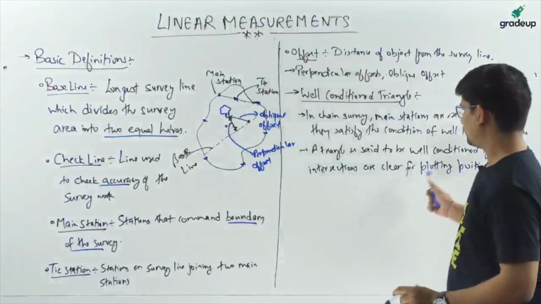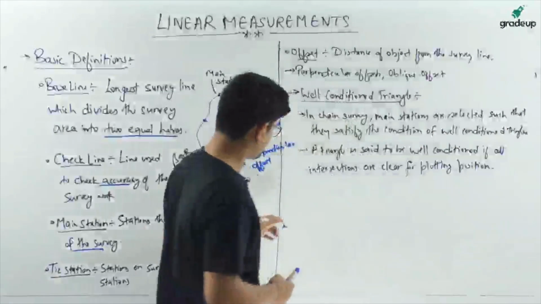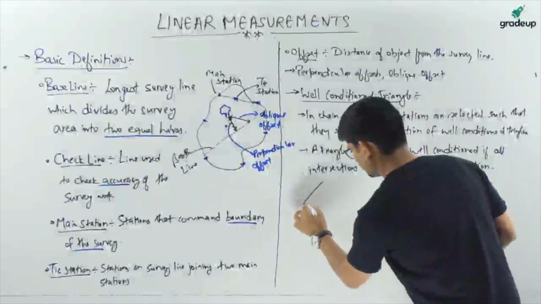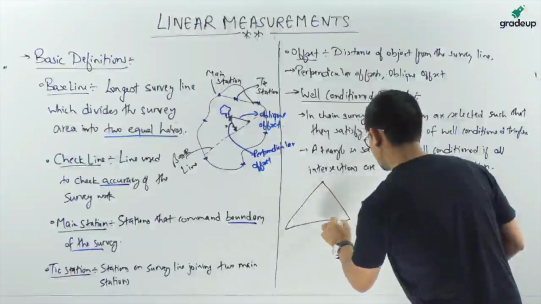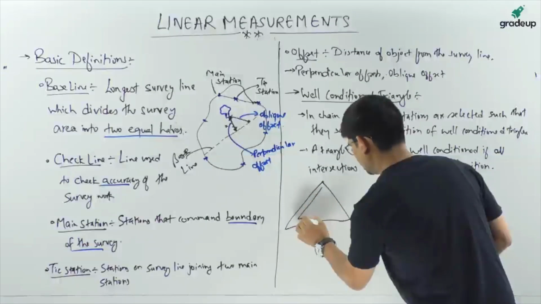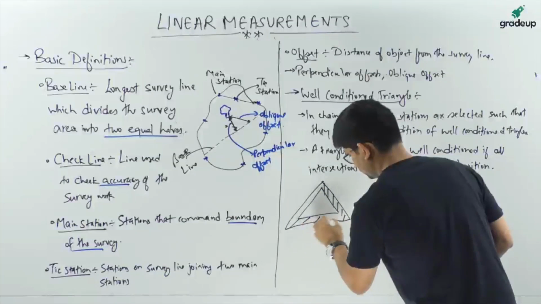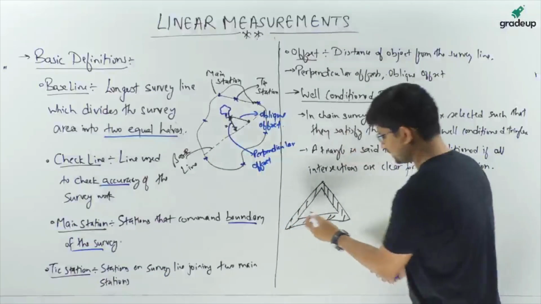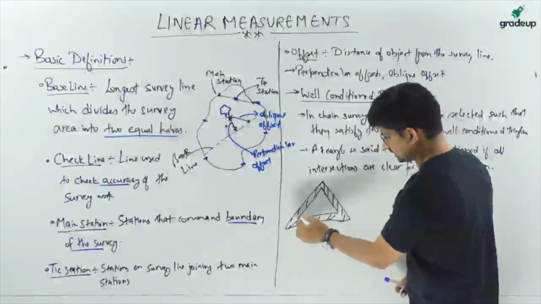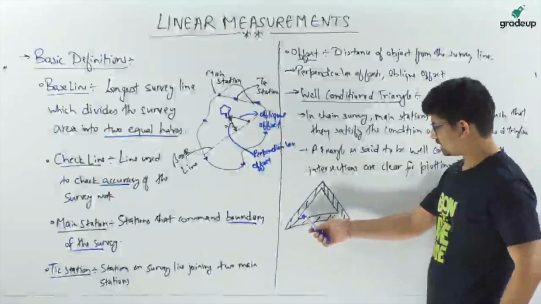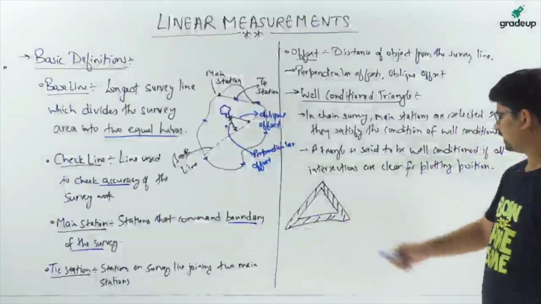What this means is, suppose I am constructing a triangle, suppose this is the triangle I have constructed. The stations at these intersections are clear for plotting.